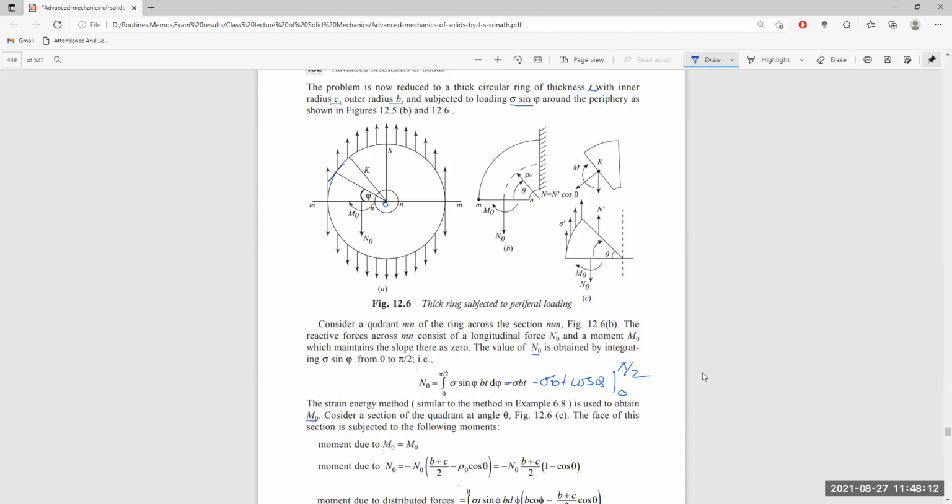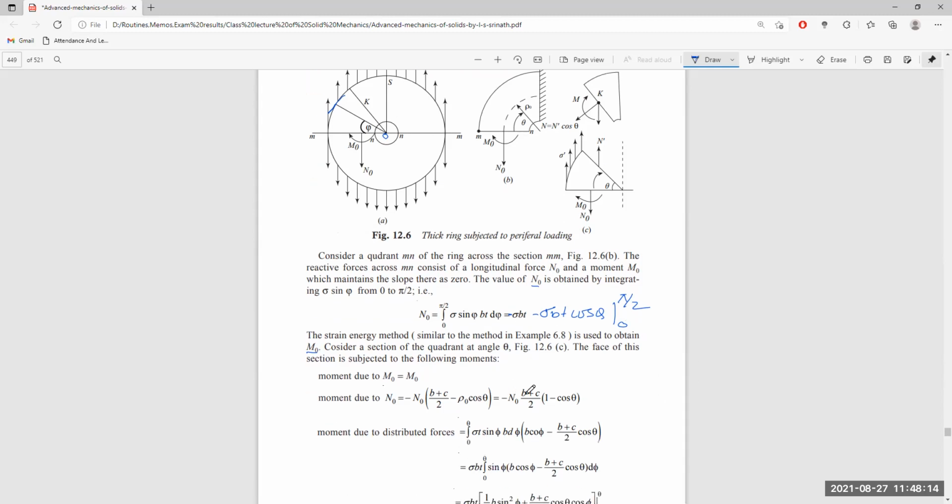Now, first of all, the external moment, this imaginary moment, is M0. Next, we have a moment coming from the force N0. Now, N0 is acting exactly opposite to M0, so we are putting it negative here: N0 multiplied by the distance of this force from the center.